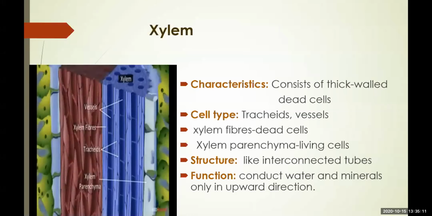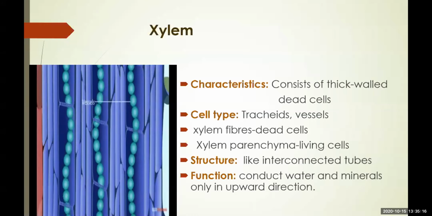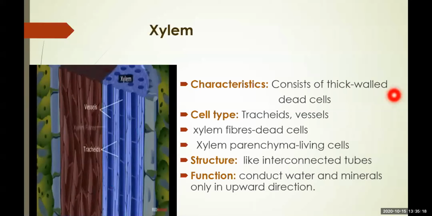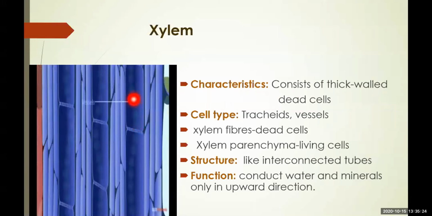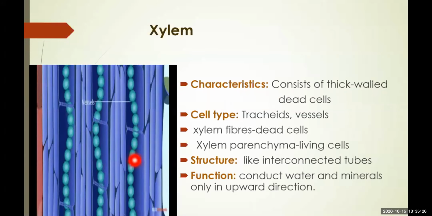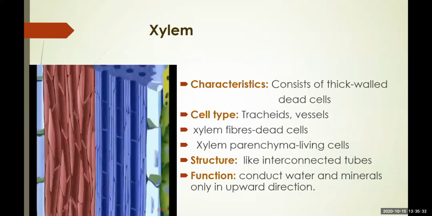This is how the xylem tissue looks. You can note that it is connected tubes. These are the connected tubes. You can see these are tracheids and vessels which are connected to each other. Basically, tracheids function to support the vessels.